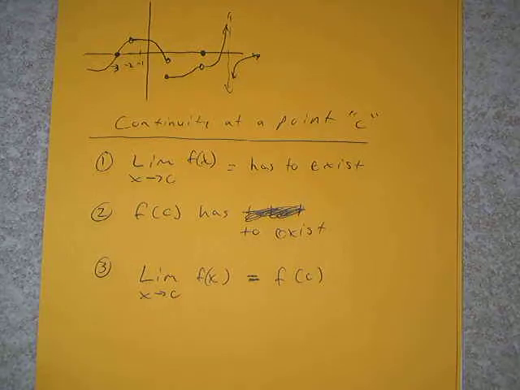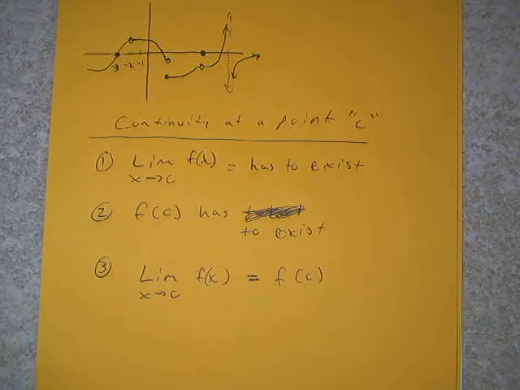At negative 3, we said we have a limit there, and what is the limit at x equals negative 3? It would be 0. You said a minute ago the function value at negative 3 was 0. So in criterion number 3, are those two things equal? Yes, they're both equal to 0. So therefore, it would be continuous at that point.